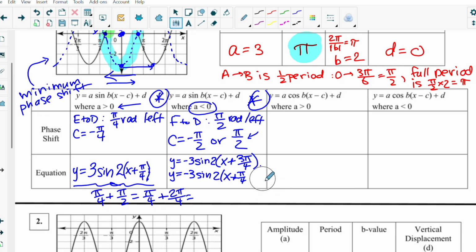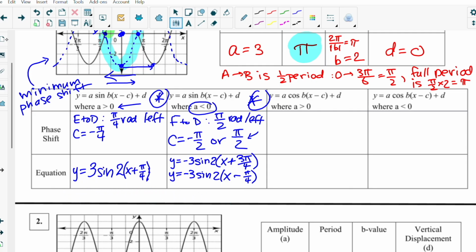If I'm applying this one, it should be minus pi over 2. Sorry about that, folks. So this becomes minus pi over 2. So that's a minus minus. That would be negative pi over 4. Okay, so all of this becomes minus pi over 4. If you sit there and graph this, you'll see that these two are equivalent.